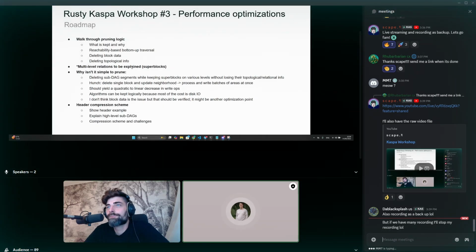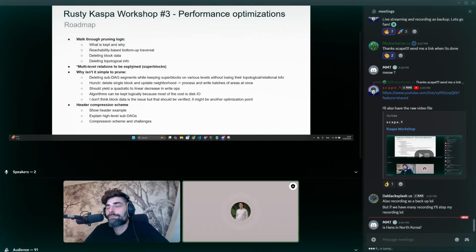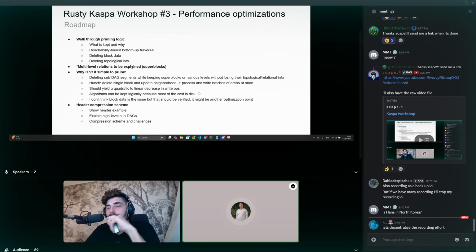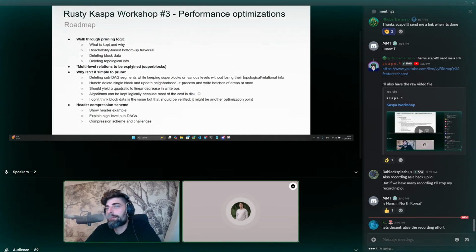And we can discuss the compression scheme, which is really simple because the data just screams it. I'll try to explain why it should be done. It's not a consensus change. We can keep the hashing algorithm the same. It's just a data representation change.